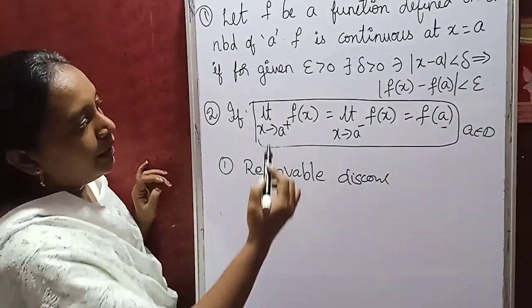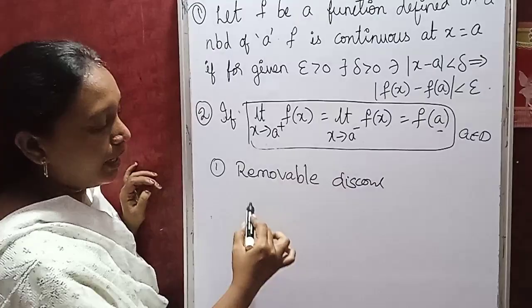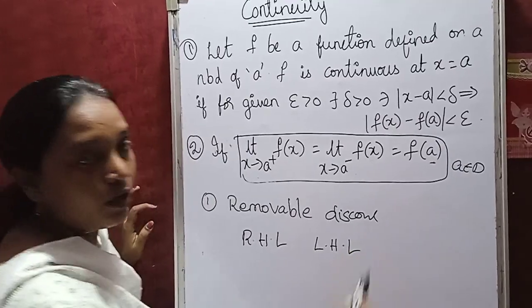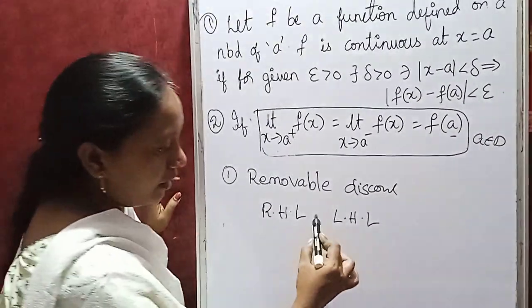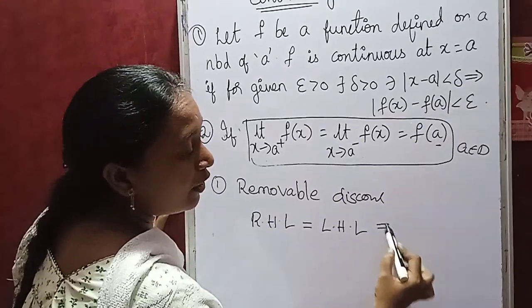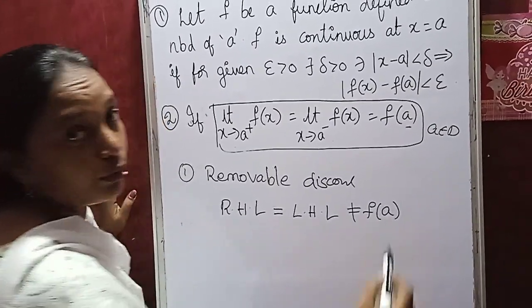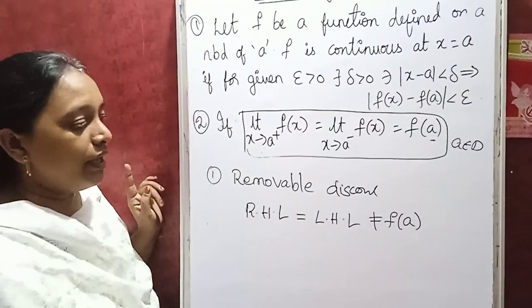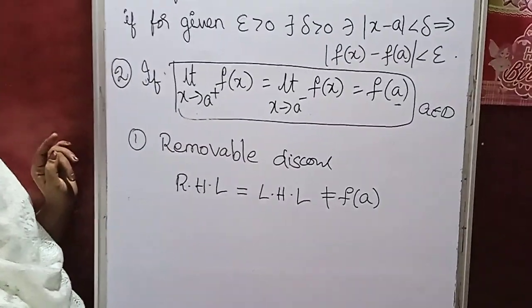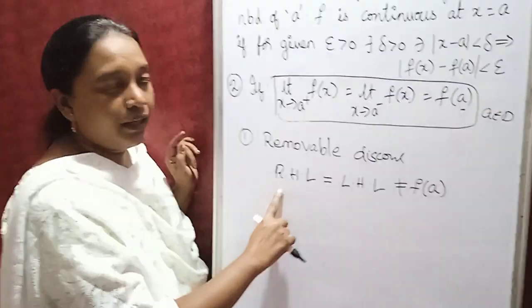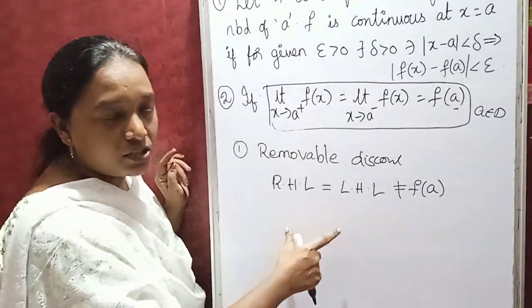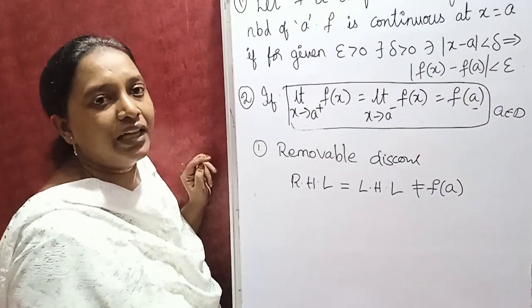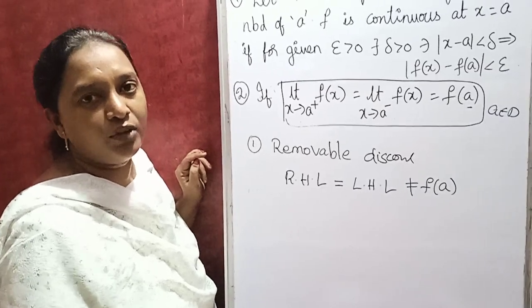That means both the left hand limit and the right hand limit exist and are equal, but they are not equal to the functional value. Again I am repeating: the first type of discontinuity is removable discontinuity. In this type, the right hand limit and left hand limit both exist and are equal, but they are not equal to the functional value. The remaining types of discontinuities will be continued in my next video.